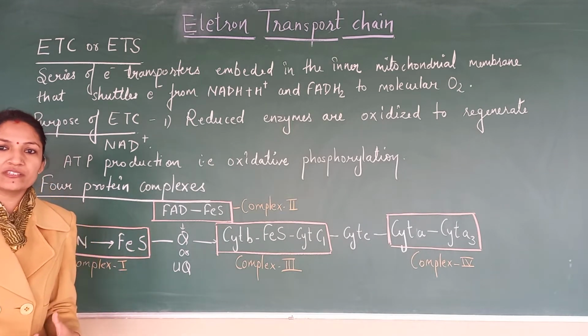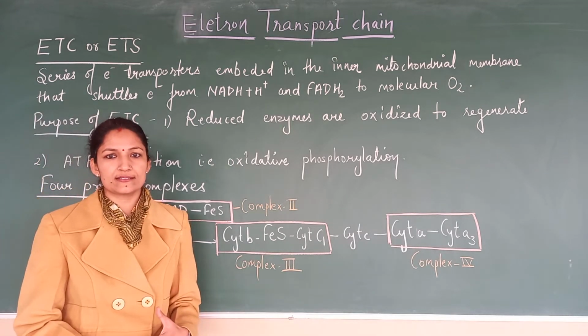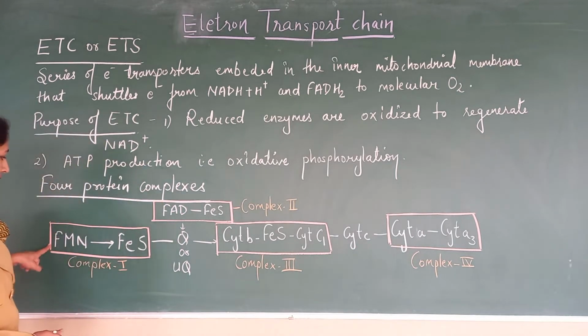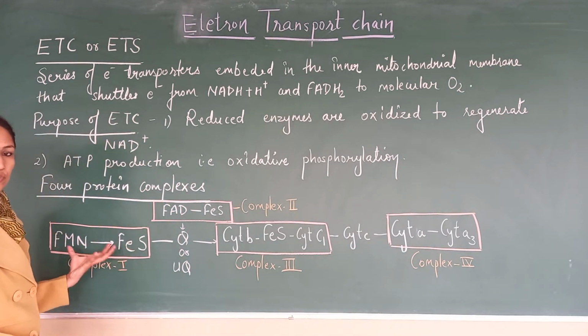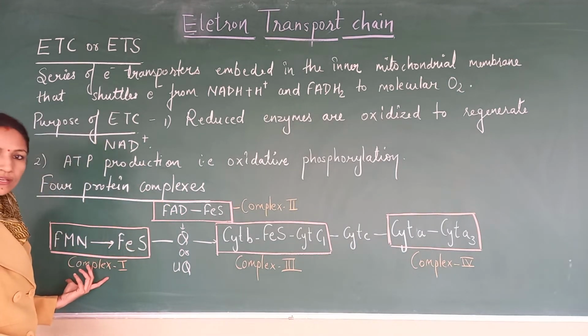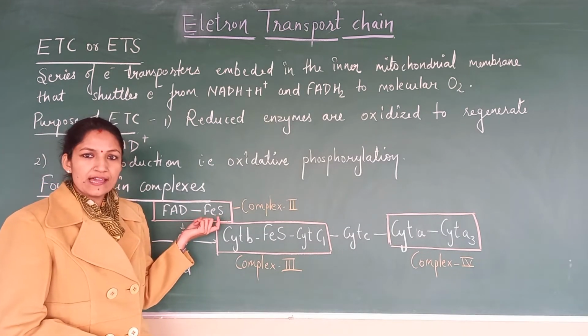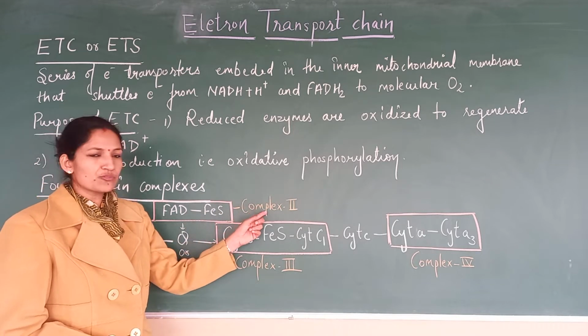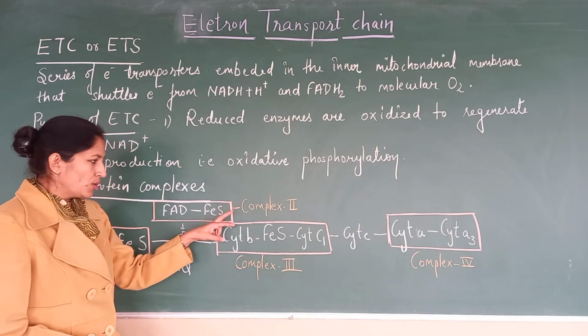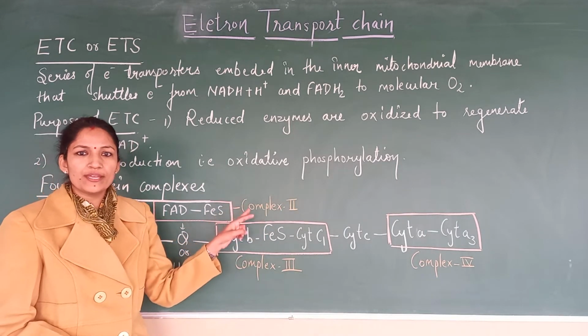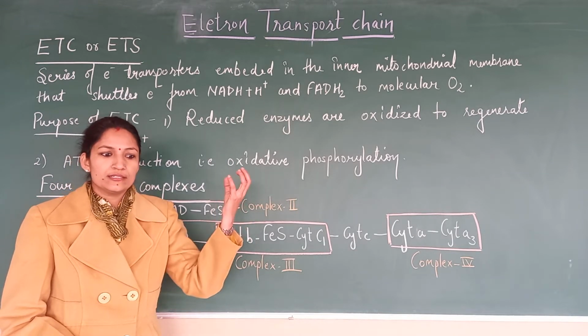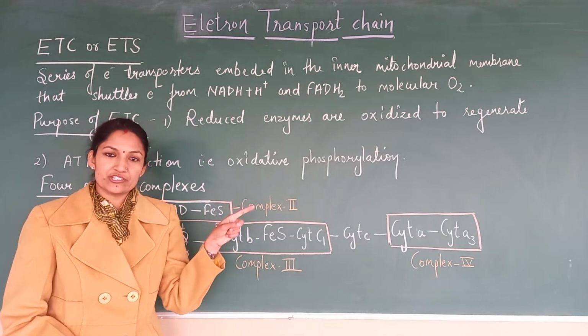It means their capacity to get reduced and oxidized. So the FMN and FeS together form complex 1. FAD, FeS, that is iron sulfur protein, make complex 2, which is involved when we take the energy from FADH2.